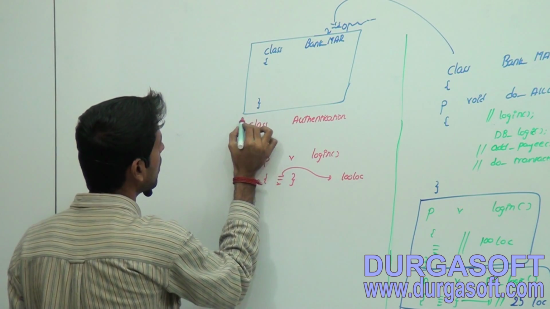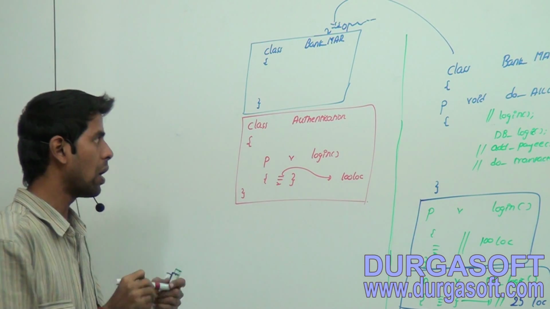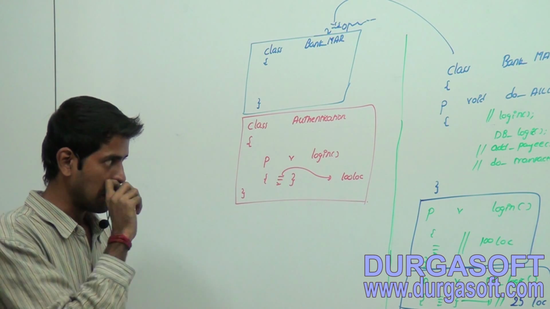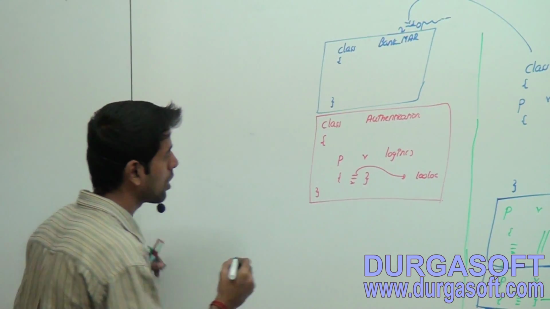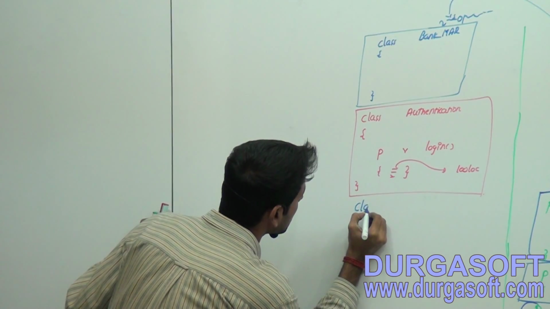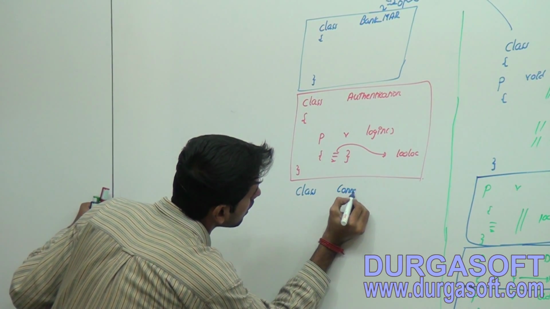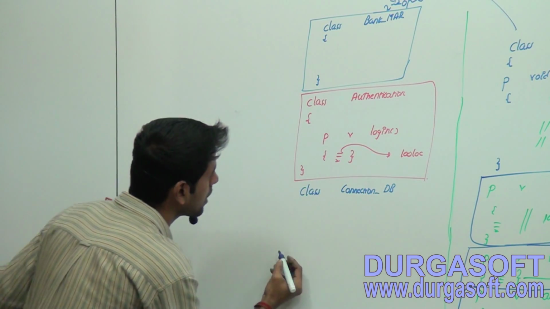Now a different, unique class for authentication. Let me create one more class, class ConnectionDB, connection of DB.